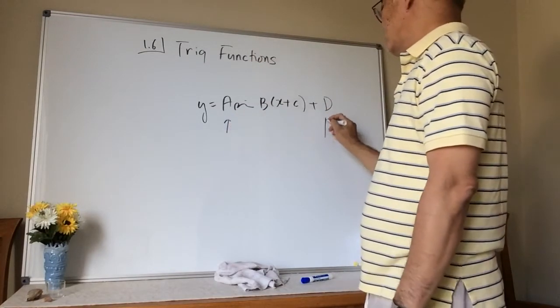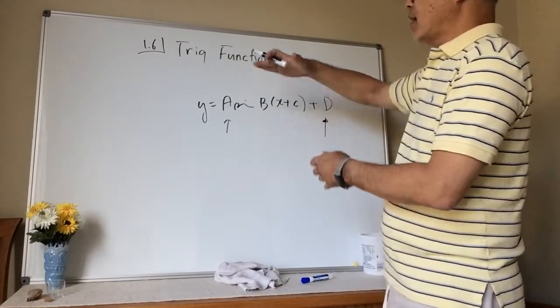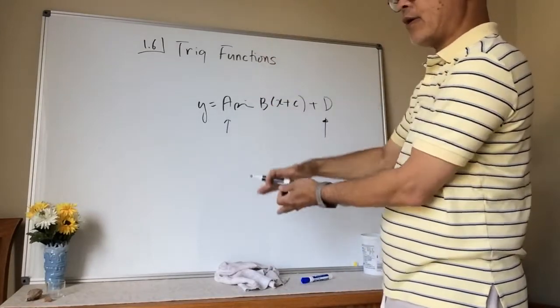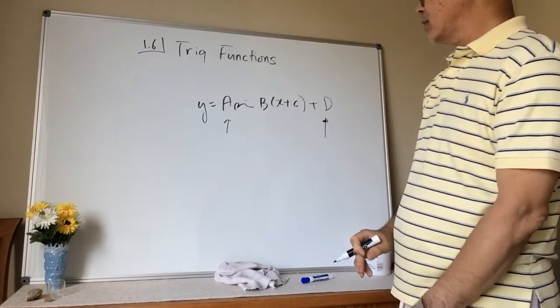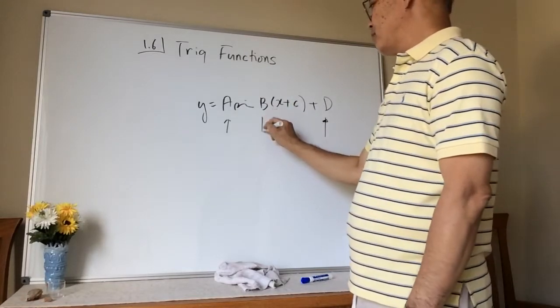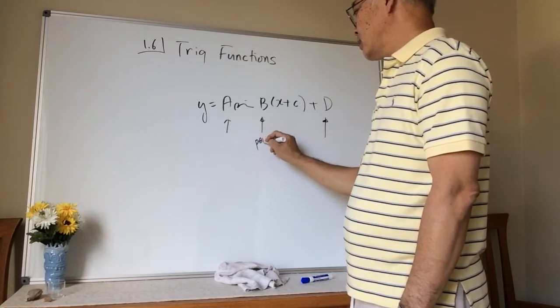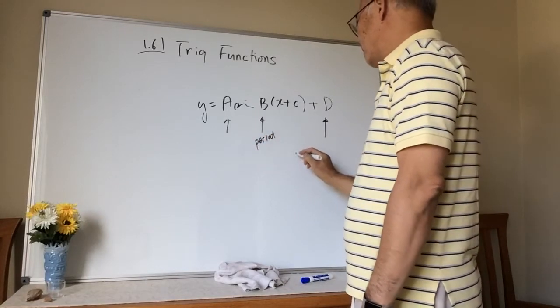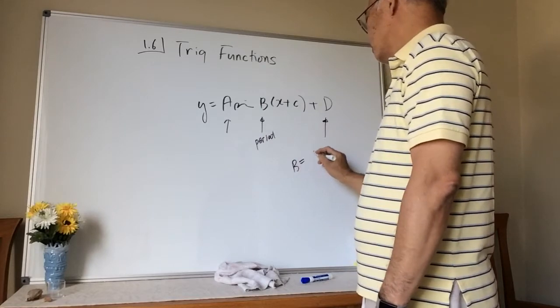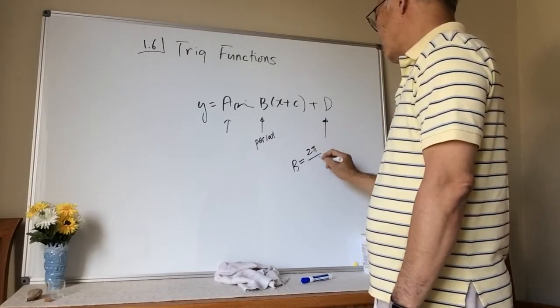And then you have another easy one, d. D shifts the graph up and down on the y-axis, okay? And then you have b, which controls the period. If you remember, the period is 2 pi over b, right?